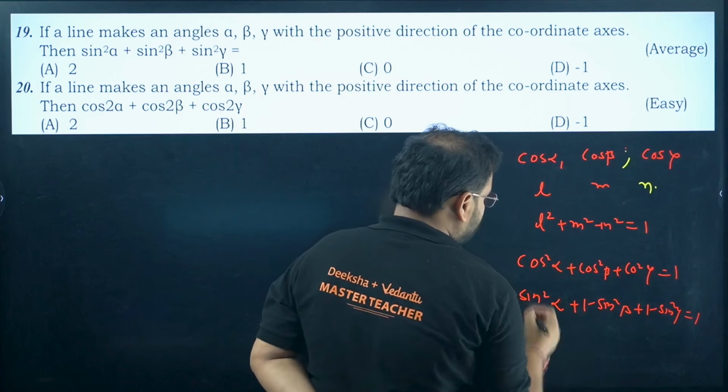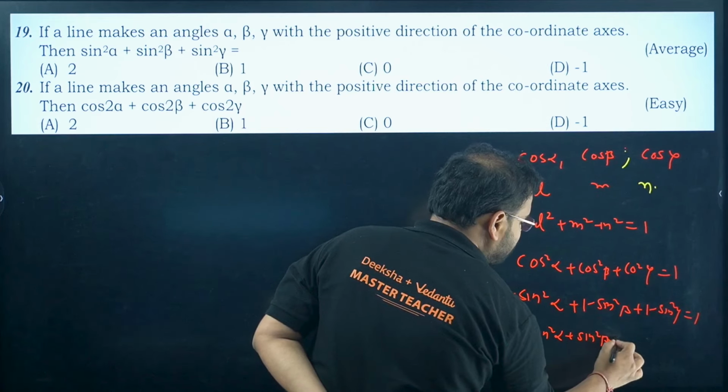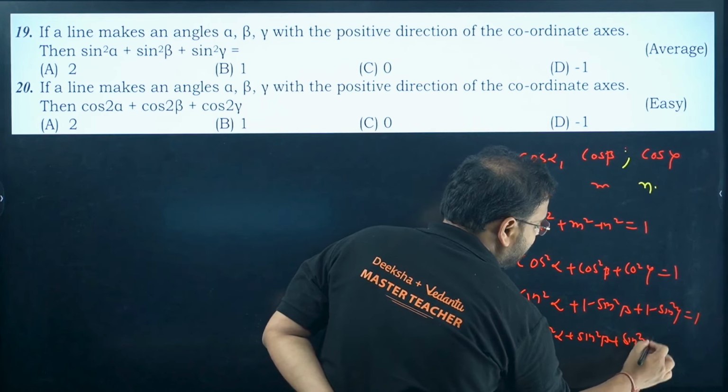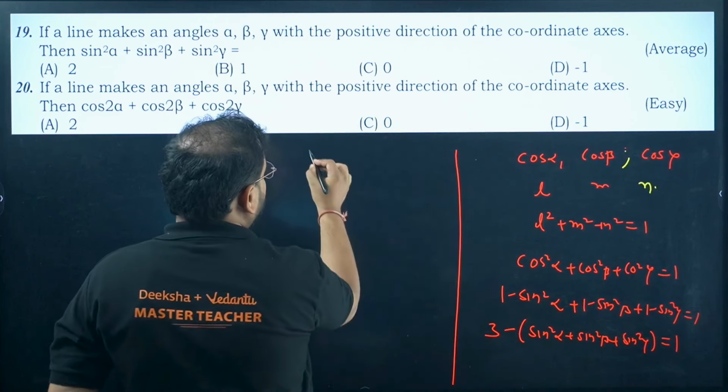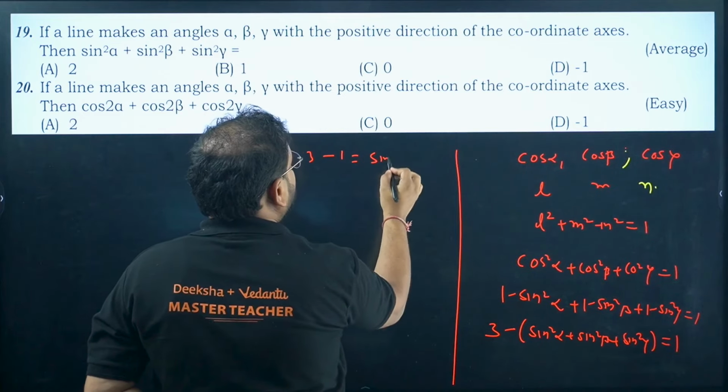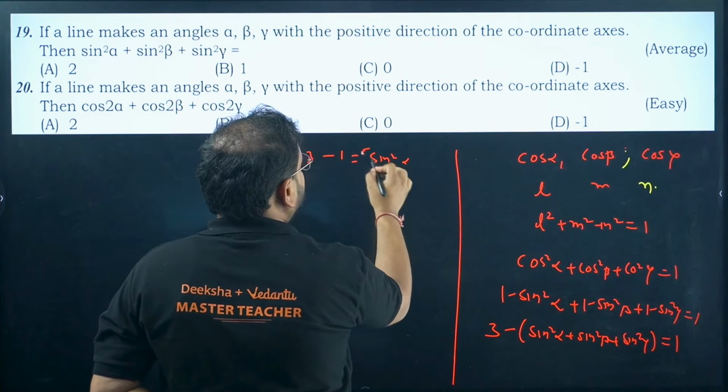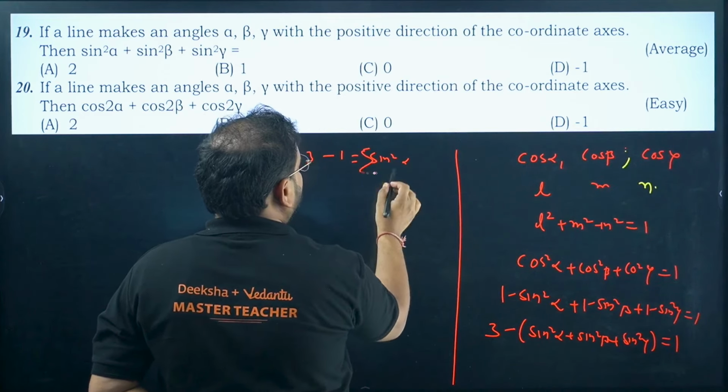Take 1, 1, 1 as sum 3, and take the minus sign common. I get sine square alpha plus sine square beta plus sine square gamma equals 1. Switching the sides, I have 3 minus 1 equals the sum of sine squares.